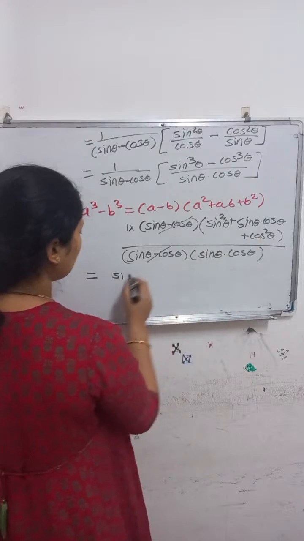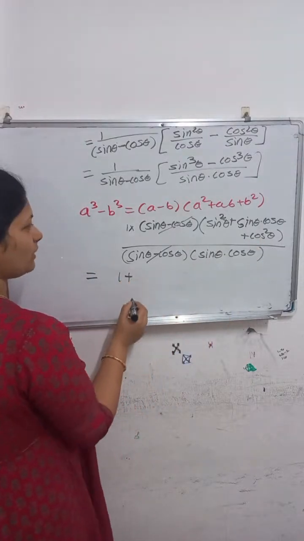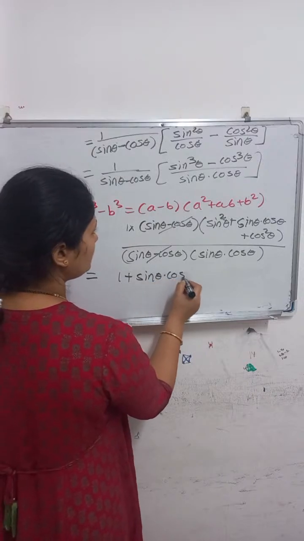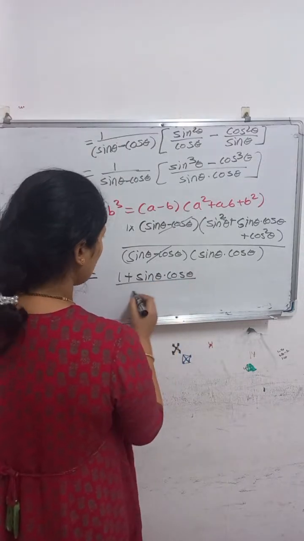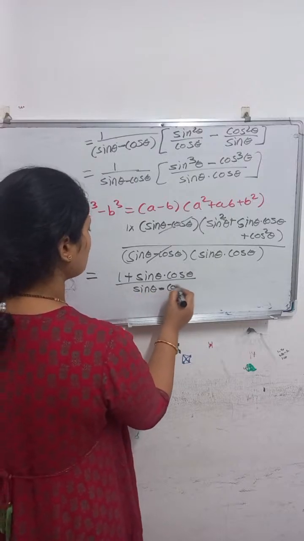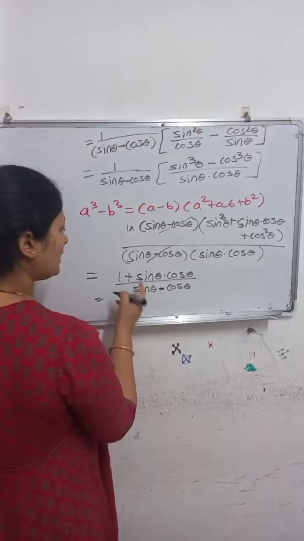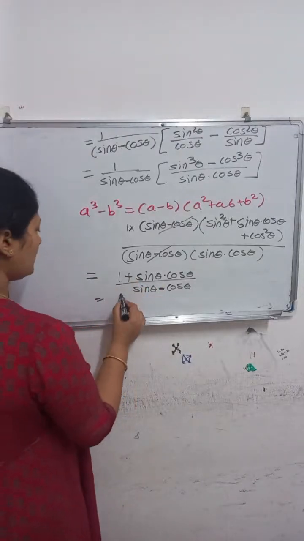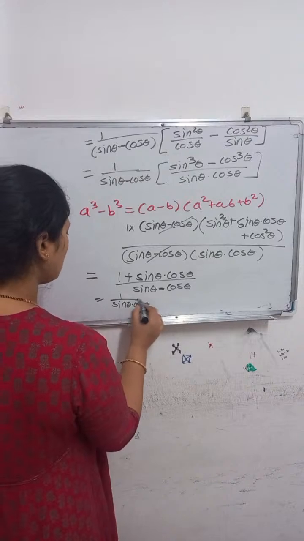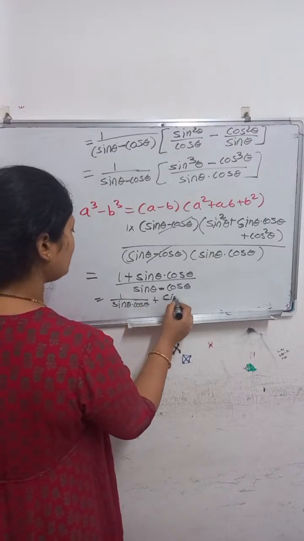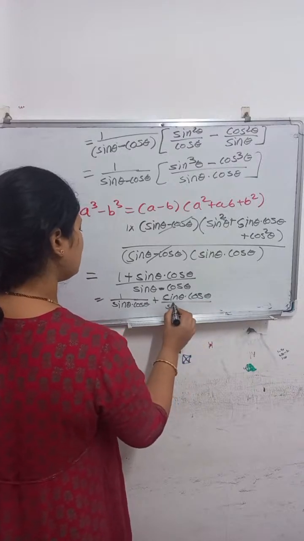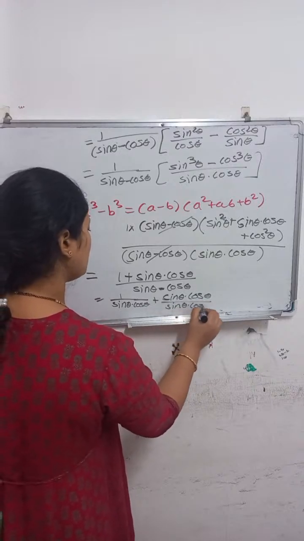Sine square theta plus cos square theta, I will write it as 1, into sine theta cos theta upon sine theta cos theta. And again if you divide here, you will get 1 upon sine theta cos theta plus sine theta cos theta divided by sine theta cos theta.